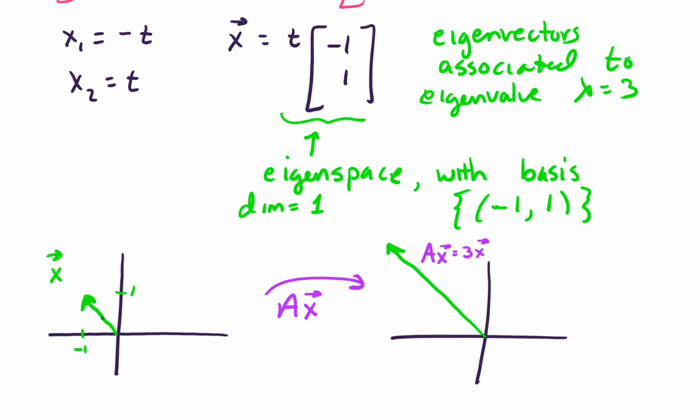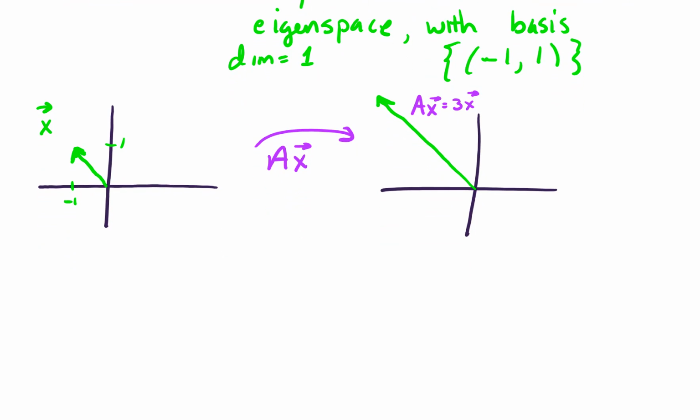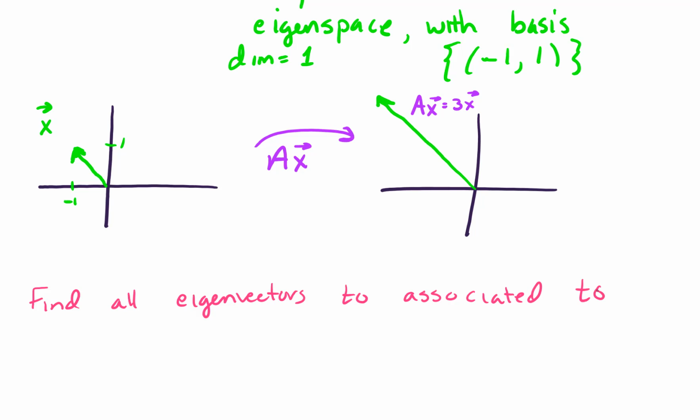Okay, let's go and find the second set of eigenvectors. Our next task was to find all eigenvectors associated to eigenvalue 1.